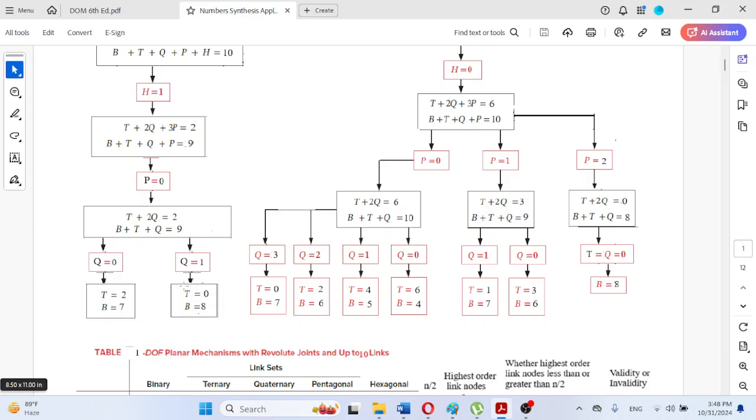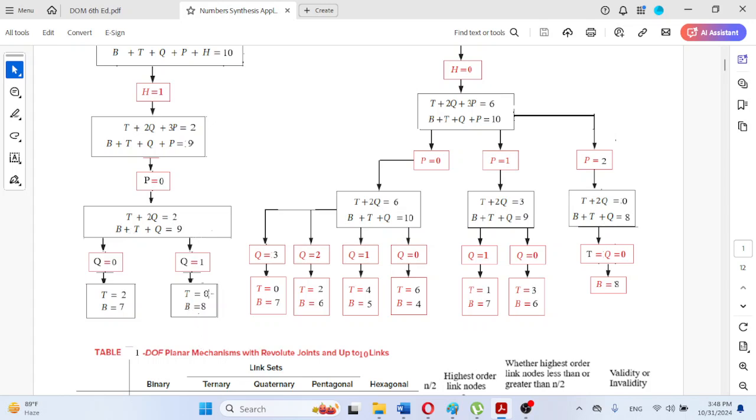For the second set, we can observe that if q is equal to 1 in this equation, then t plus 2 is equal to 2, that means 2 minus 2 is equal to 0, so ternary links are 0. So here t is equal to 0, and the lower equation gives that q is equal to 1, so 9 minus 1 is 8 and t is equal to 0, so binary links will be 8.